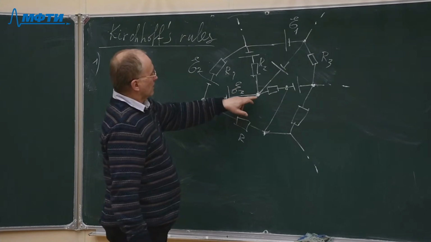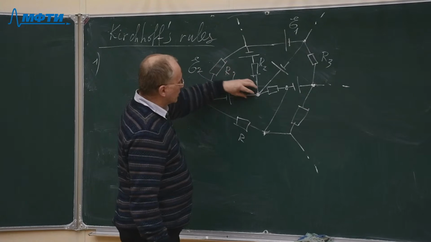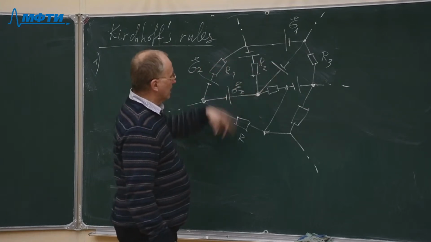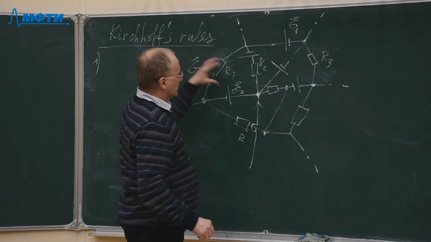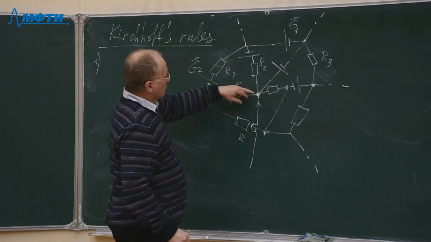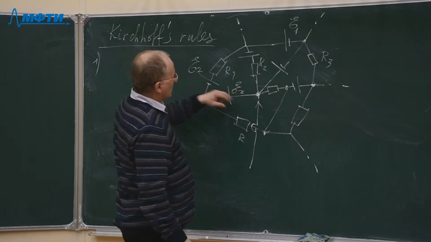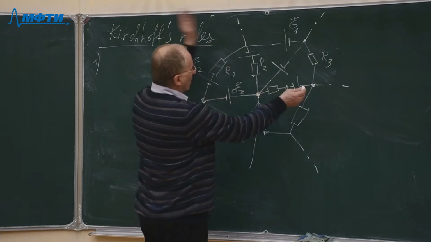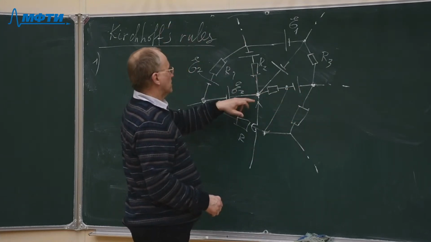The charge is conserved, and therefore the total charge which comes to this point from different wires during some interval of time must be equal to the total charge which goes out of this point along other wires during the same period of time.